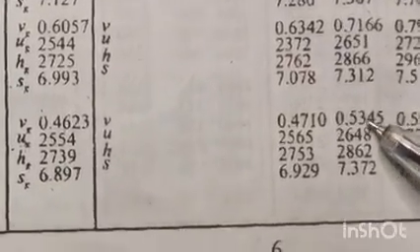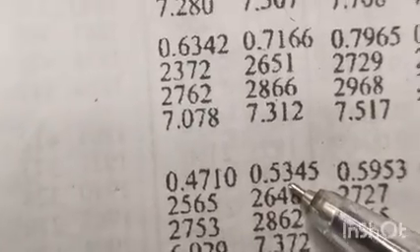Oh yes, so that's 200 degrees Celsius. That means the value for specific volume is simply 0.5345.